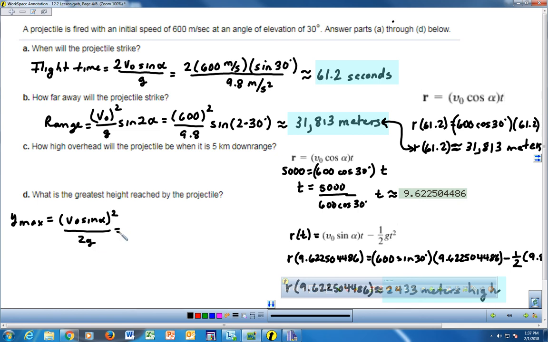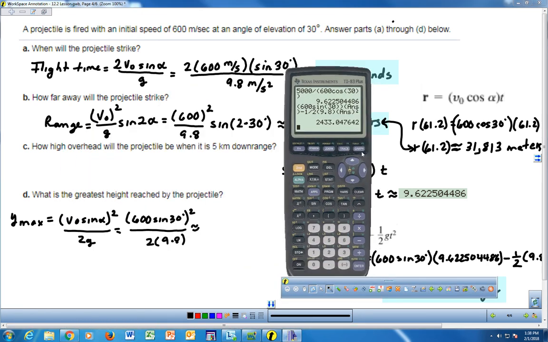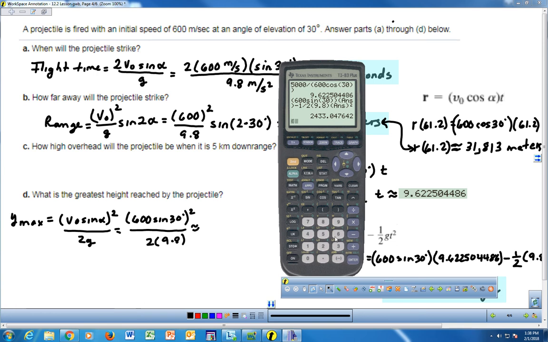So initial velocity would be 600 times sine of 30 degrees, squared, and that is going to be divided by twice the gravity, which is 9.8. And it is in meters, so my answer is going to be in meters. So let's find the approximate maximum height that the object is going to reach.